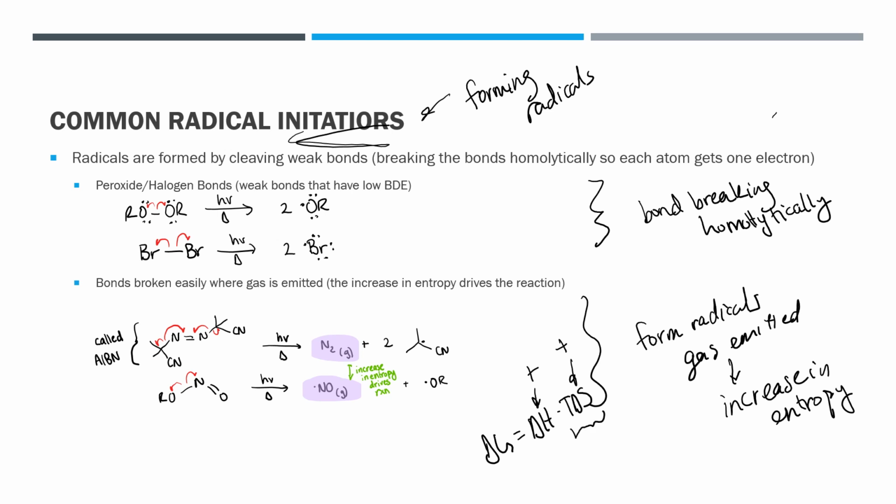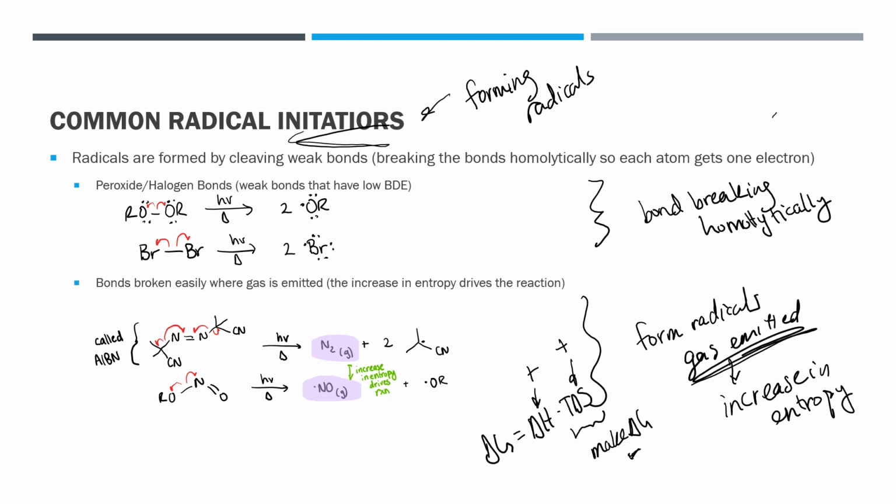So this term will make delta G negative, and it's going to drive the reaction to completion. So basically, when we have a gas emitted, we can form radicals because even though the radicals are unstable, our entropy change by releasing gas is very high, and that's going to cause our delta G to become negative.